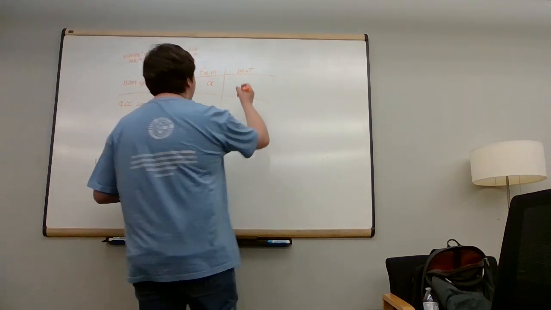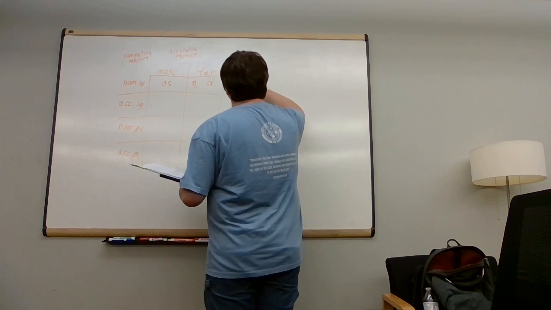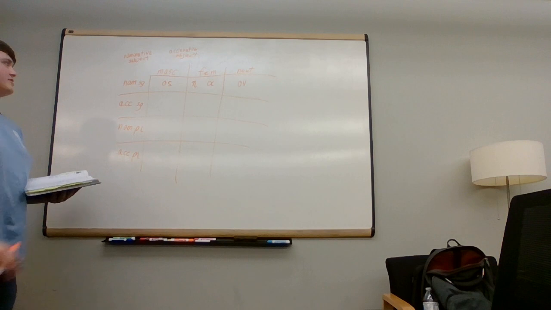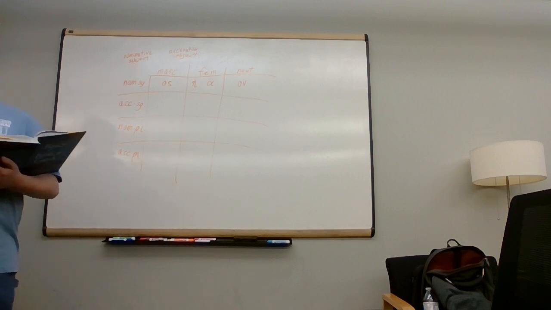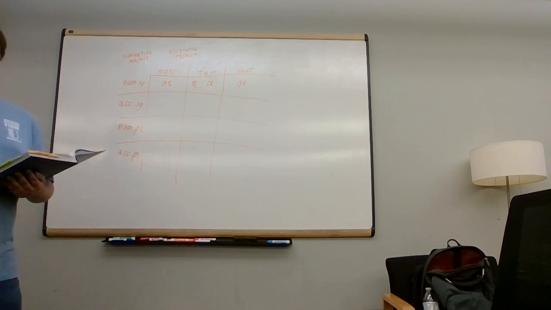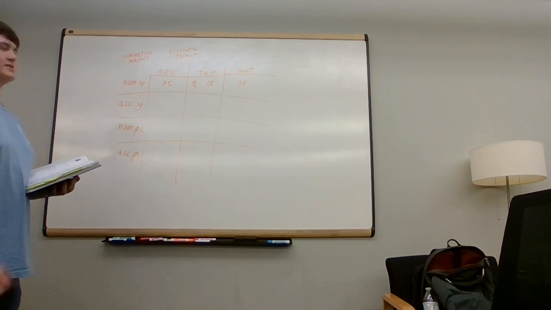And then in the neuter, there's an omicron nu. And so that's just the singular form if it's the subject of the sentence, which we'll go into examples after getting the chart and answering questions.